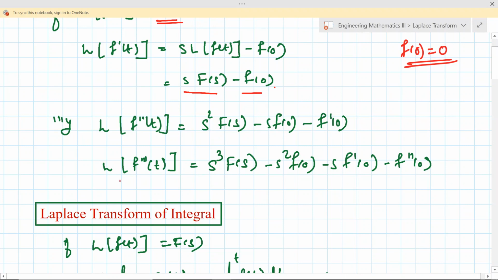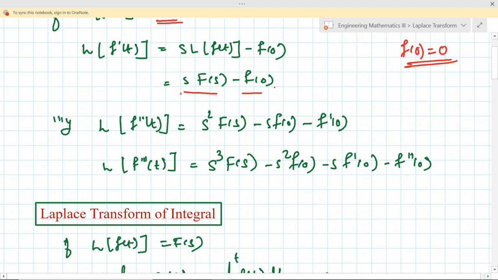For the third order derivative f triple dash of t, it is s cube F of s minus s square f of 0 minus s f dash of 0 minus f double dash of 0. So we can see there is a pattern.